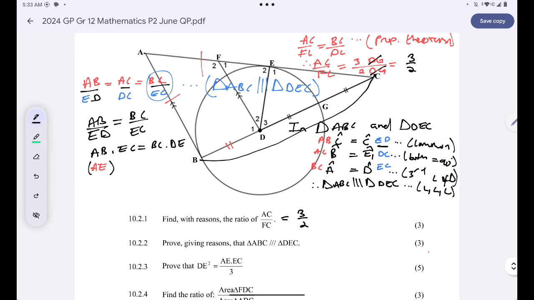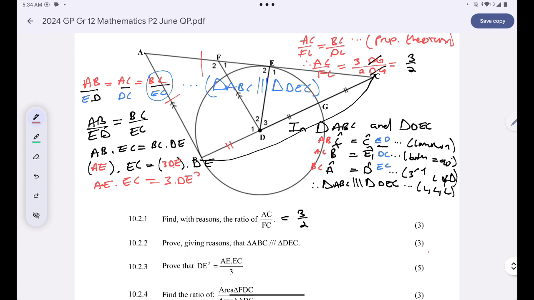I have EC here. Okay. Please note that I said BC is 3 times the radius, and our radius is DE. So this thing simply means I'll have AE multiplied by EC is equal to 3 times DE.